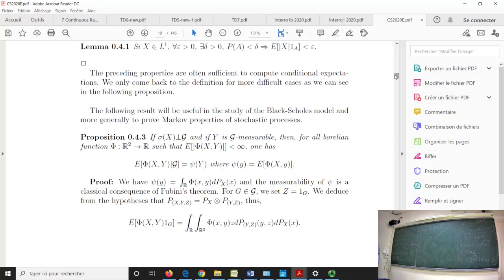Well, it's not that complicated to compute because I know exactly what is the distribution of bt minus bs plus z. What is the distribution of this one? Gaussian, with mean z and variance t minus s. Here it's the expectation of the square, that is the variance plus the square of the expectation. And f of z in this situation is equal to t minus s plus z square minus t.